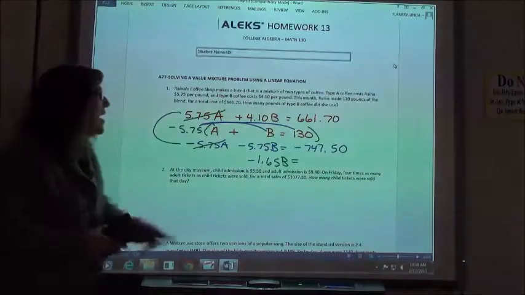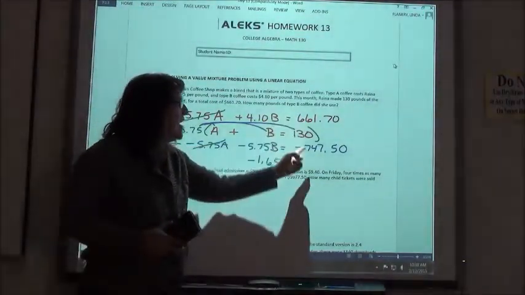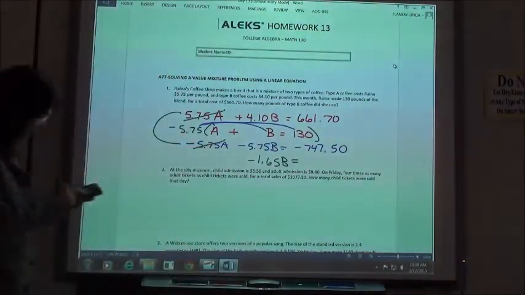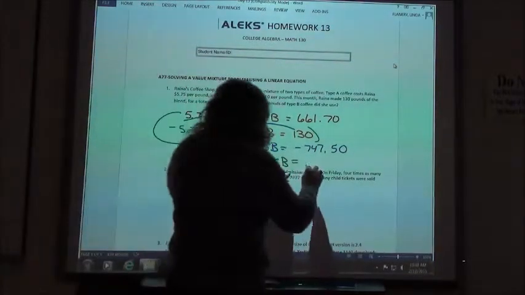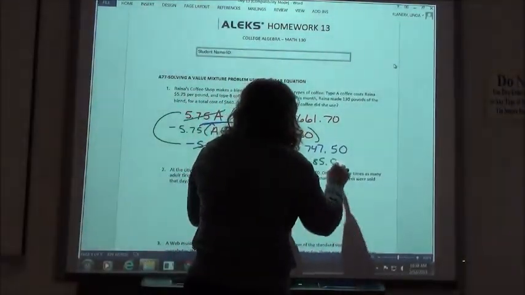On the other side, 661.70 minus 747.50 gives negative 85.8.